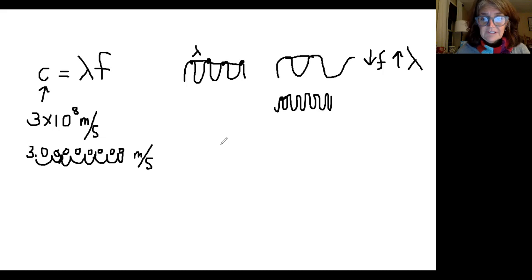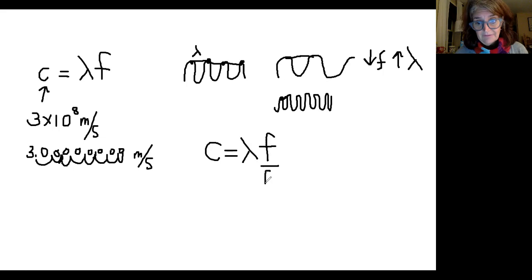If I use this equation, I can figure out the frequency or the wavelength if I know one. If I wanted to find out the wavelength and I knew the frequency, I could divide by the frequency here.